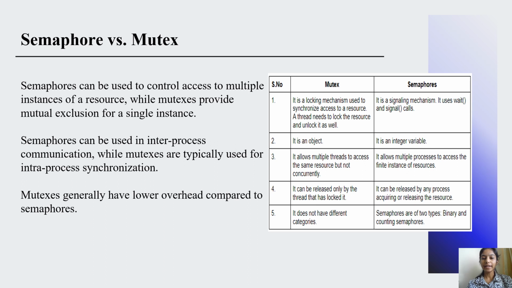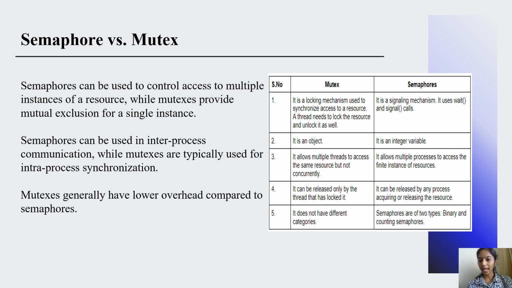Mutex: it allows multiple threads to access the same resource, but not concurrently. Semaphore: it allows multiple threads to access a finite number of instances of a resource. Mutex: it can be released only by the thread that has locked it.